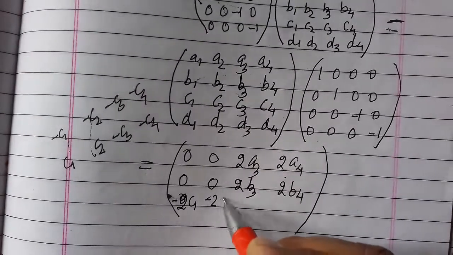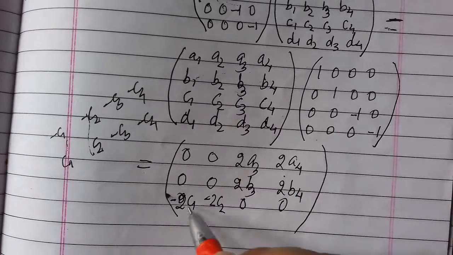Here will be minus 2c2 and here will be 0, 0.